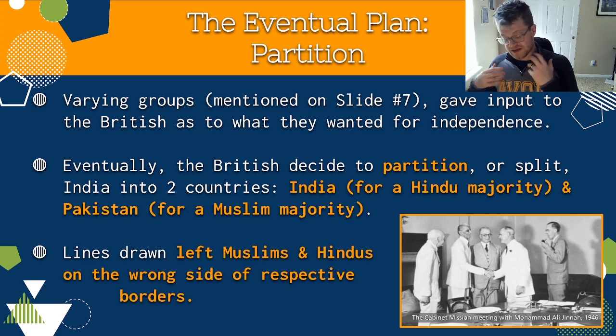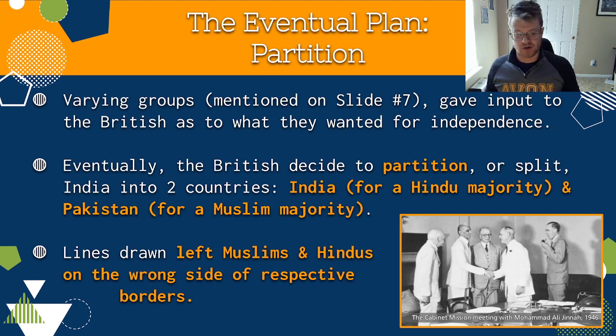The Muslim League is actually okay with this at first, but then the Indian National Congress rejects this, and it comes up with, okay, well, if we allow certain territories to exist and not others, then that's not fair to us, and there's all these debates that go back and forth. Eventually the British scrap that plan, and they say, okay, here's the solution.